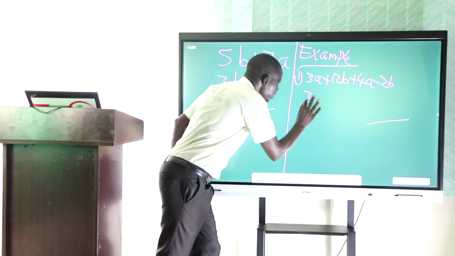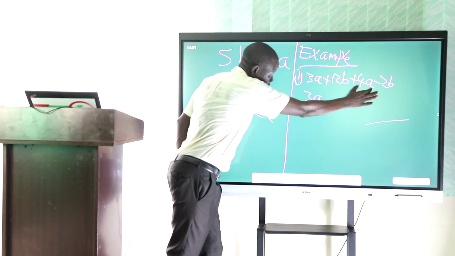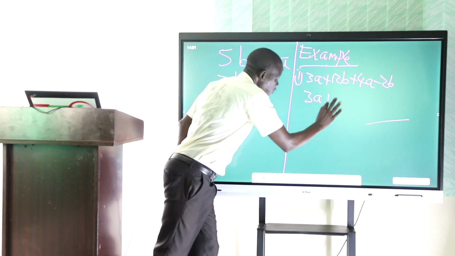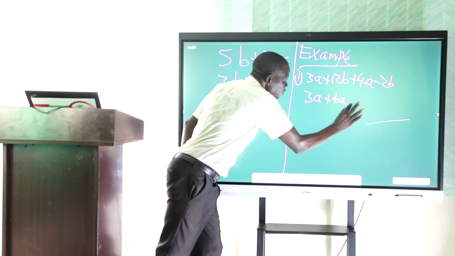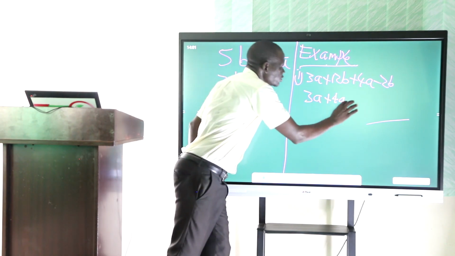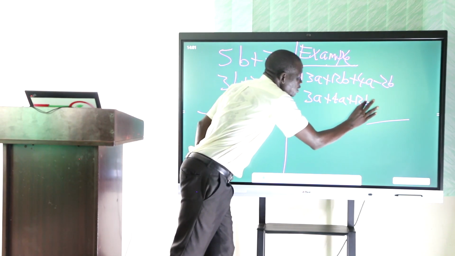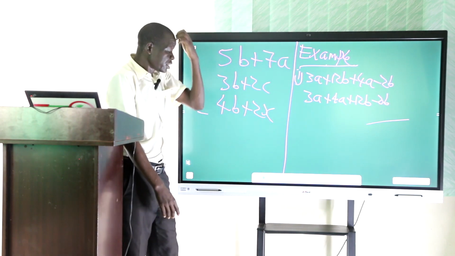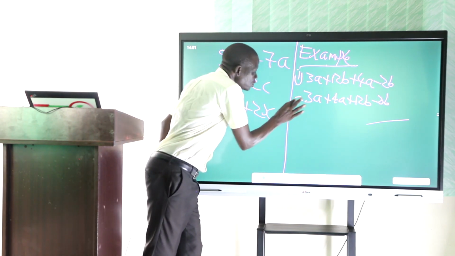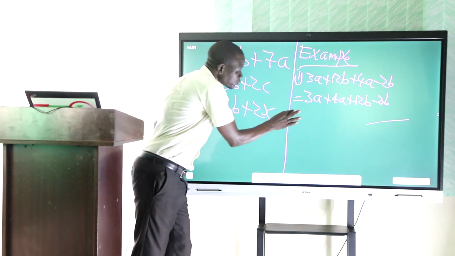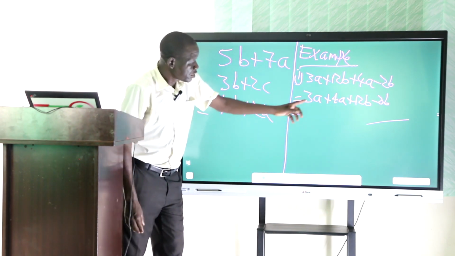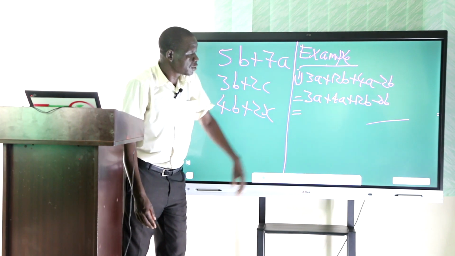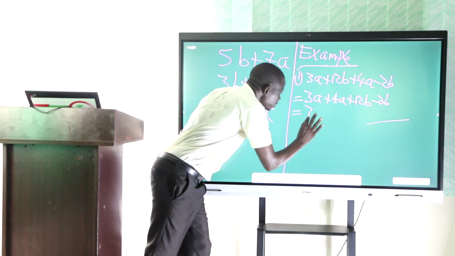We shall have 3a, then we bring the 4a, plus 4a, then plus 12b, then minus 2b. Then from here you can now continue with the addition, whereby we shall have 3a plus 4a, we have 7 what?